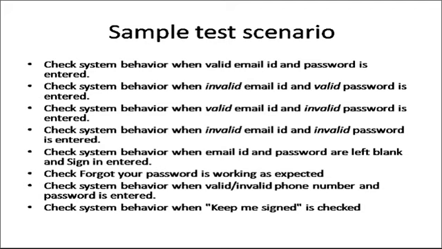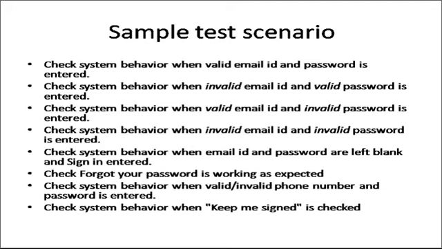Check system behavior when a valid email ID and password is entered. How your system will react when a valid email ID and password is entered, that you have to check. That can be your test scenario. Check system behavior when an invalid email ID and valid password is entered. Your system should not allow the user to enter into the system if one of them is invalid.